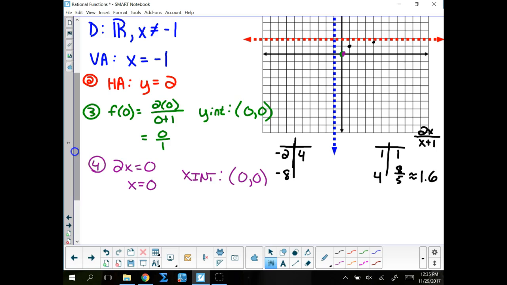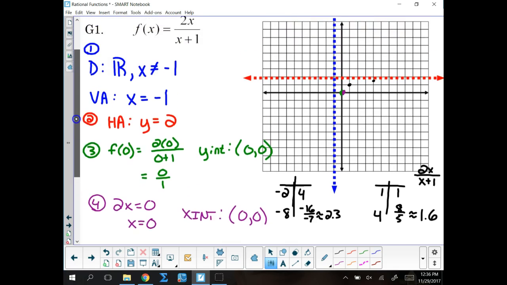-8. -8 times 2 is -16. -8 plus 1 is -7. -16 divided by -7 is positive 2.3-ish, let's say. Okay.